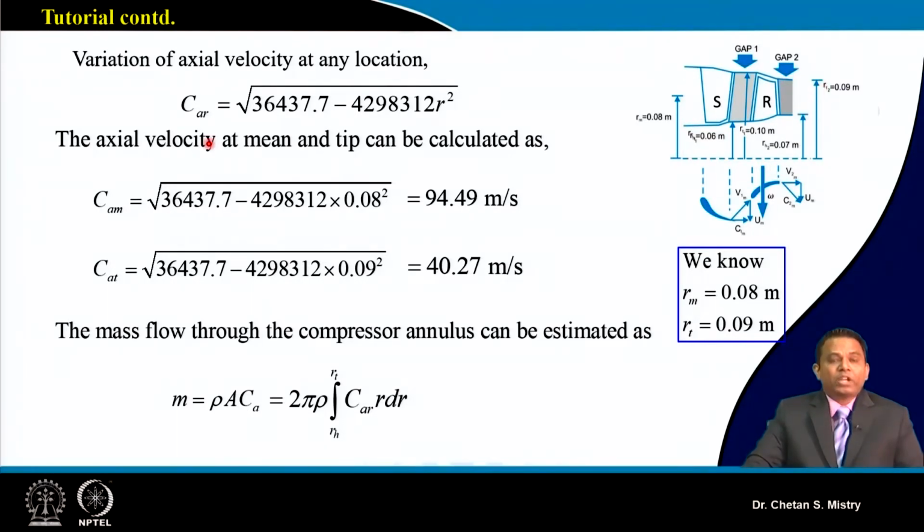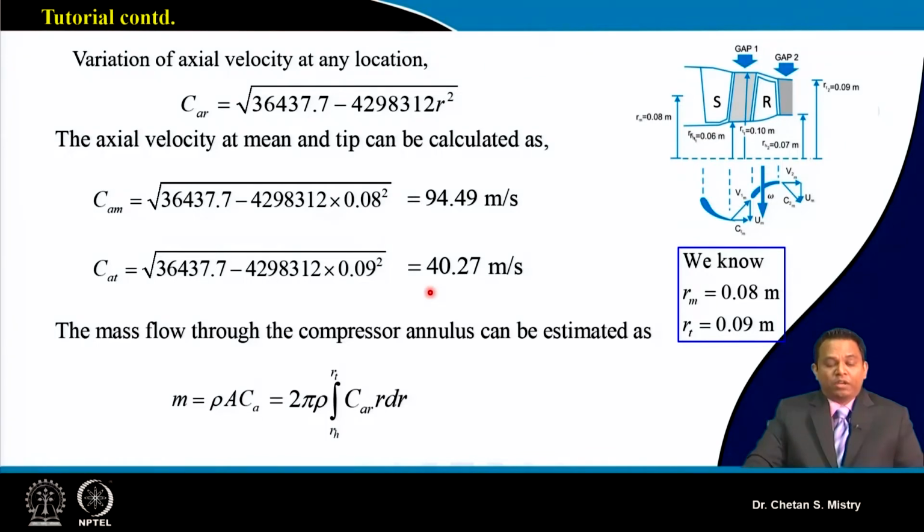If we put that in this formula, my axial velocity at the midsection is 94.49 meter per second. My axial velocity at the tip is 40.27 meter per second.